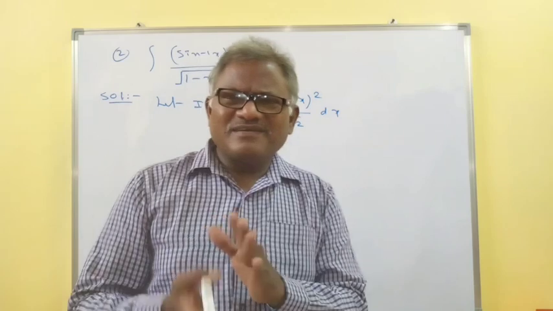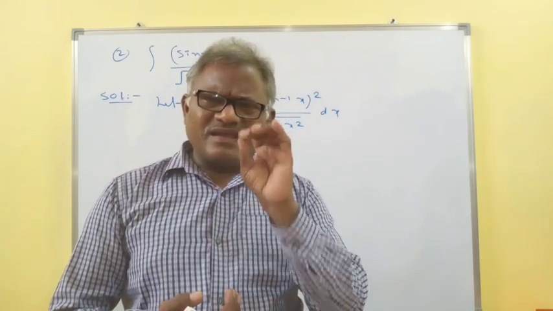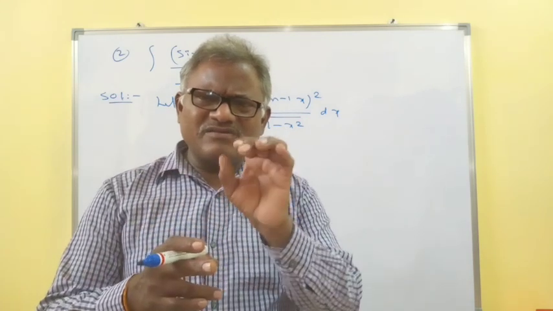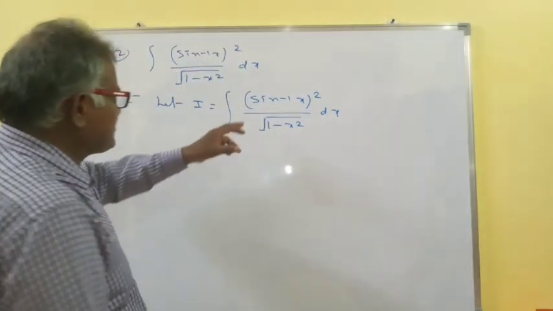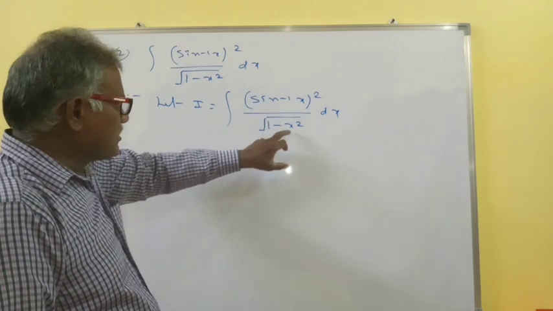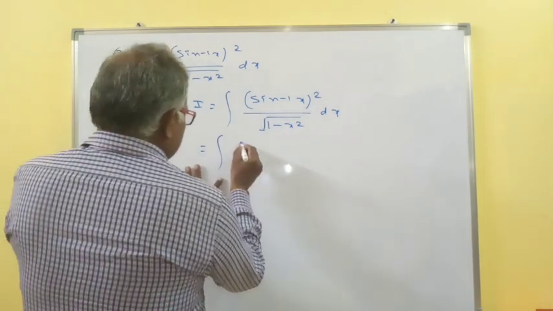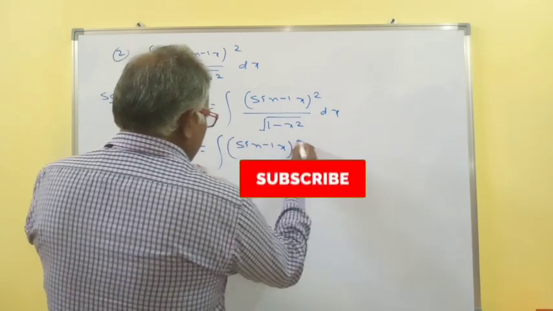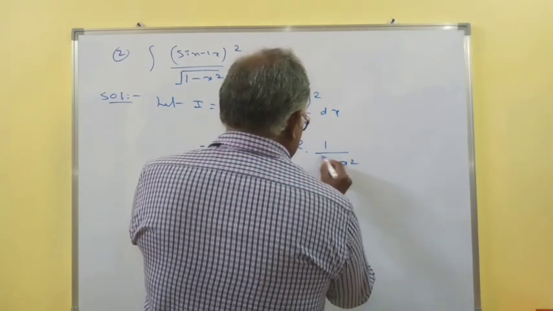This is the method of substitution. If we consider any function as t, after differentiating, definitely you get the remaining function. Here two functions will be there: one is sin inverse x whole square and another is 1 by root of 1 minus x square dx. So first of all, you should write it like this.